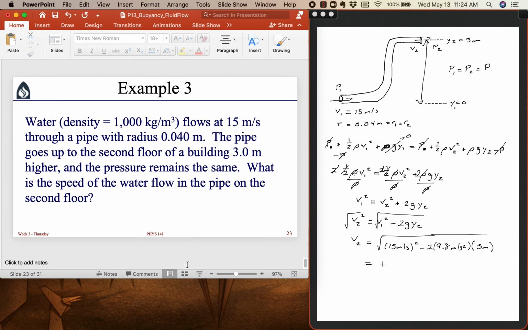And so that gives me a velocity which is equal to about 12.9 meters per second. So that's going to be the speed of the water when it's in the pipe up here at the 3-meter level on the second floor.